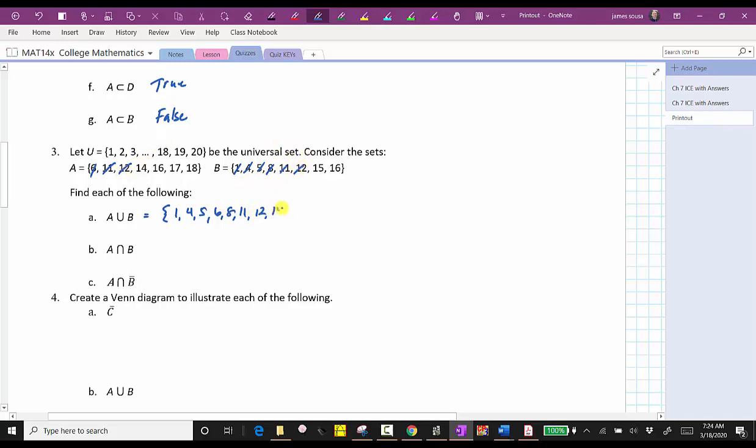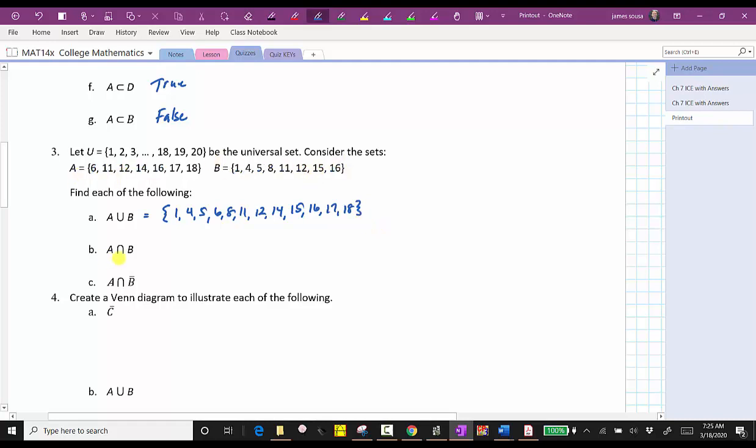Next we have 14 in set A, 15 in set B, 16 is in both sets, and therefore 16 is in the union, but we do not list it twice. And then we have 17 and 18 in set A. So all of these elements are in set A or set B.